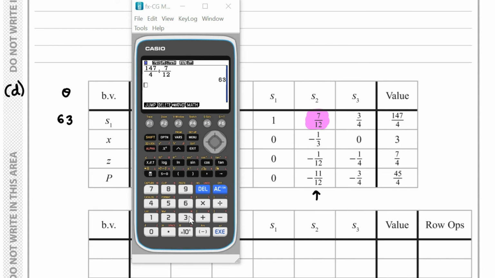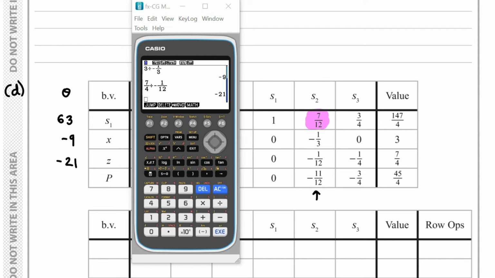And then here we've got 3 divided by minus 1/3, which is minus 9. And here we get 7 over 4 divided by minus 1 over 12, which is minus 21.